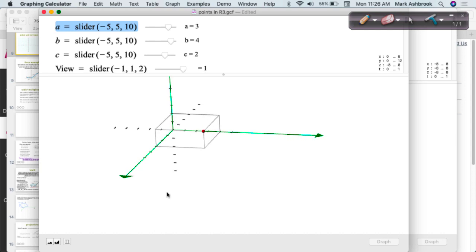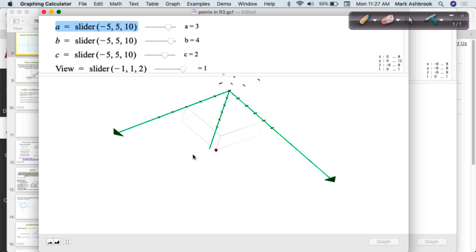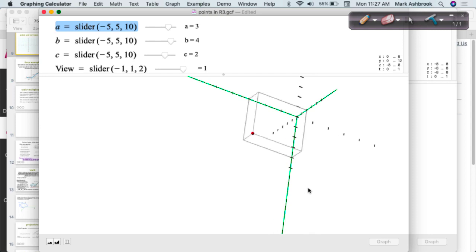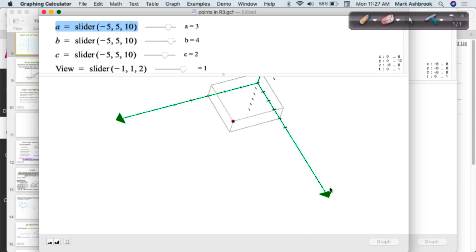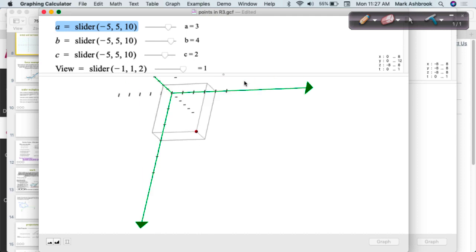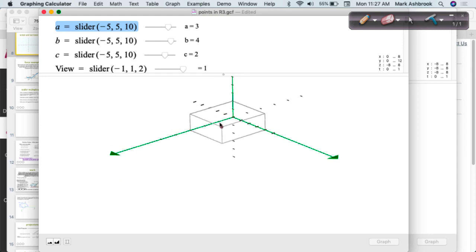I'm having a tough time here grabbing this and turning it. Okay, that's a little better. I still haven't learned how to do this. Control it. There we go.